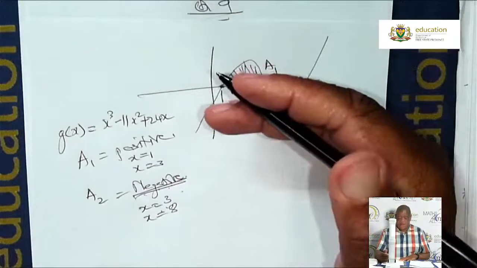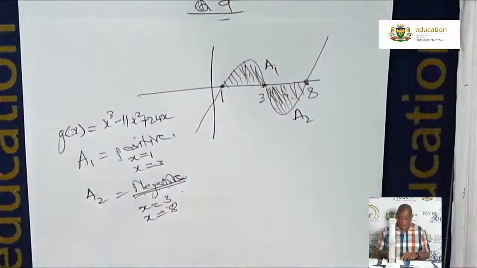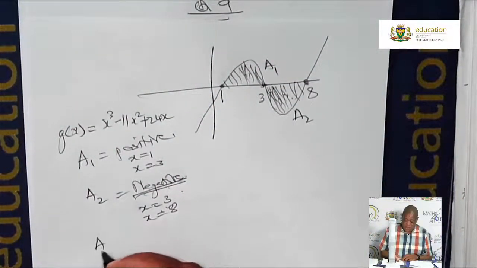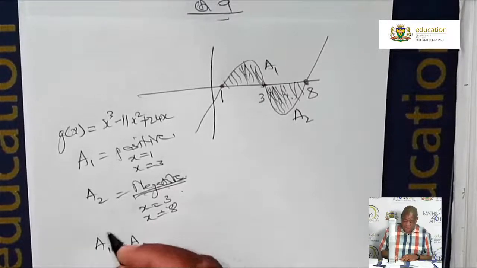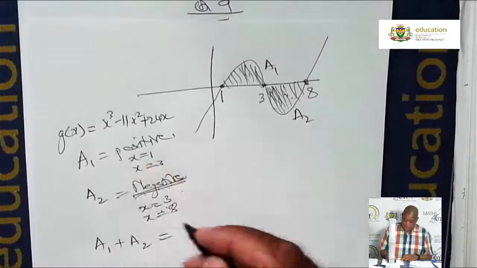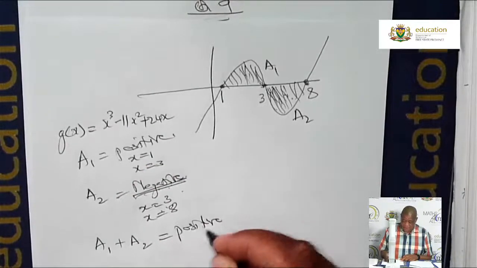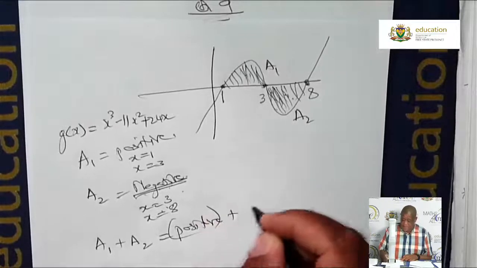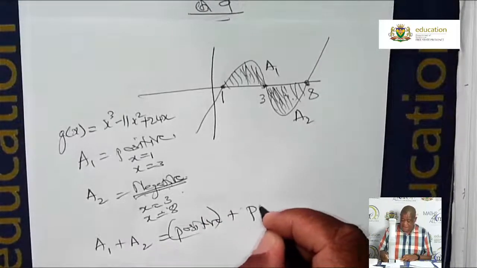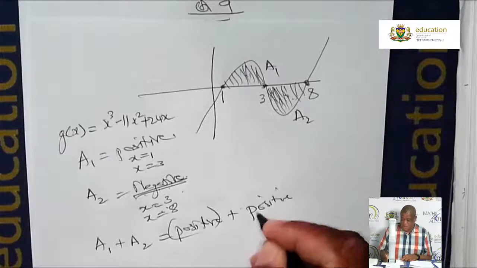And if we are to find the total area of the two, in other words, you are looking for the area of the first plus the area of the second. You will take the first area being positive and add it to the second area, also being positive.